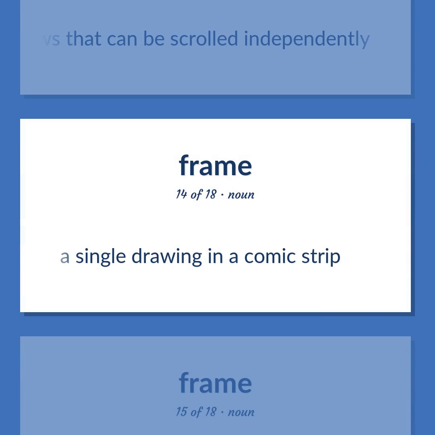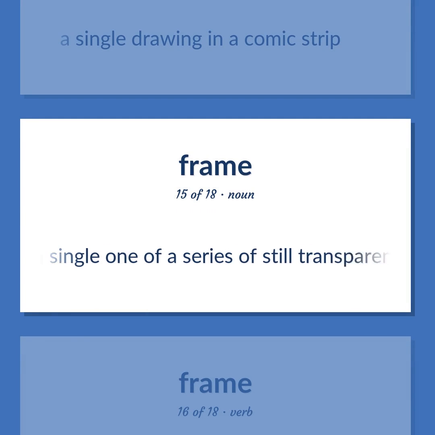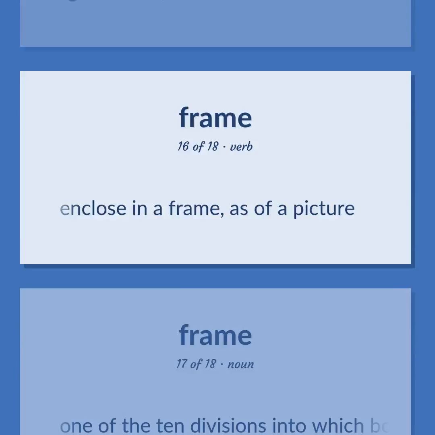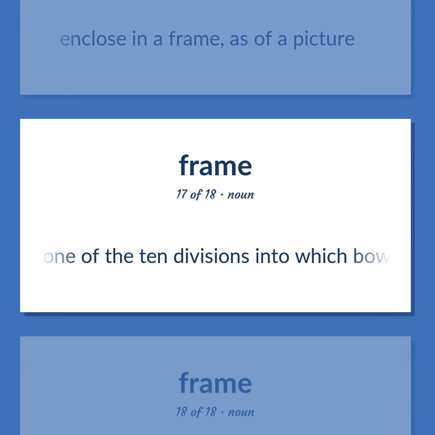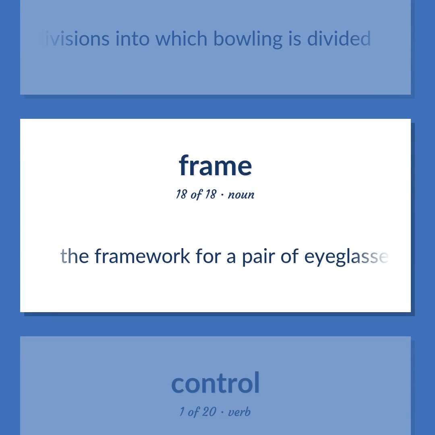A single drawing in a comic strip. A single one of a series of still transparent pictures forming a cinema, television or video film. Enclose in a frame, as of a picture. One of the 10 divisions into which bowling is divided. The framework for a pair of eyeglasses.